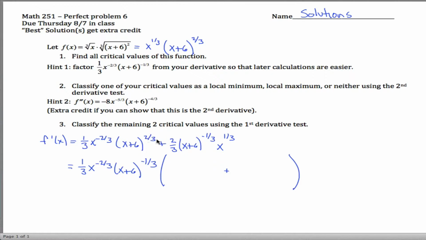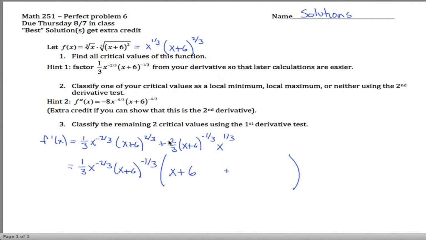What's left is 2/3 minus negative 1/3, in other words (x plus 6) to the 3/3 power, which is just x plus 6. That's all I have left from this term when I factor out all this stuff.